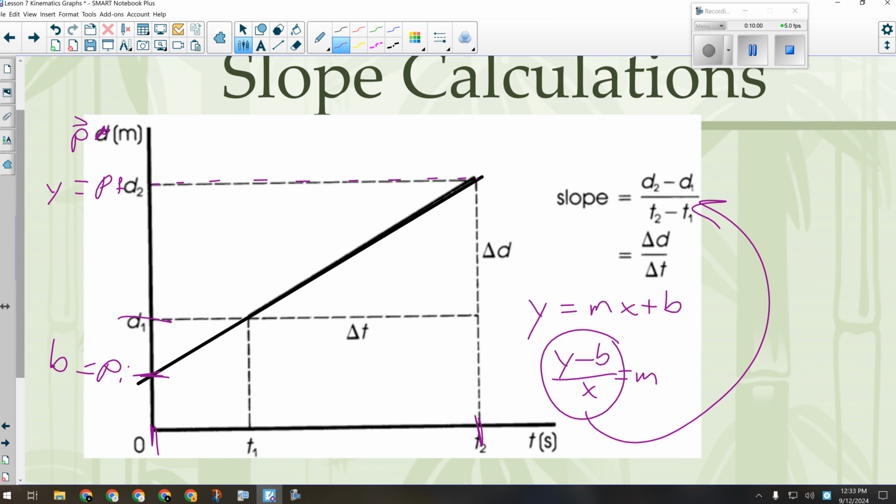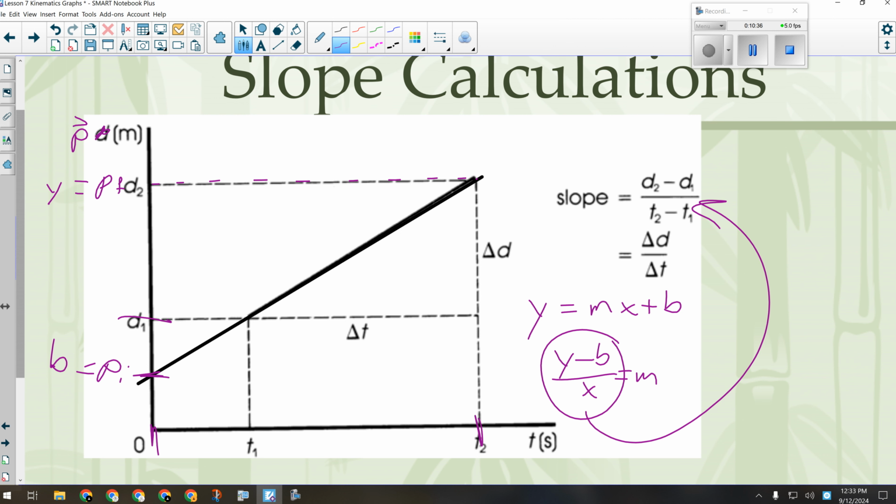Okay. So using y equals mx plus b is typically the way we do our single linear function type of calculations. We'll use it quite a bit. Can I do that analysis on any graph? On this graph, the slope represents velocity.